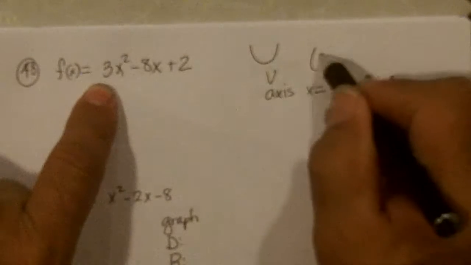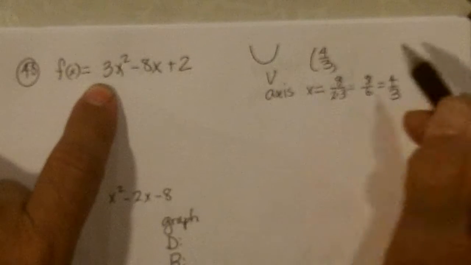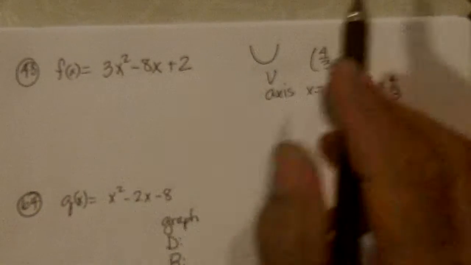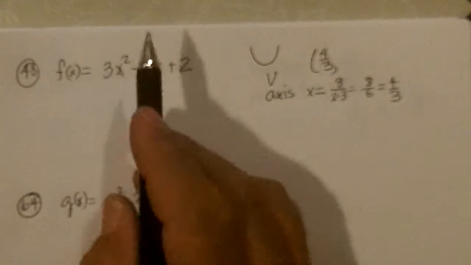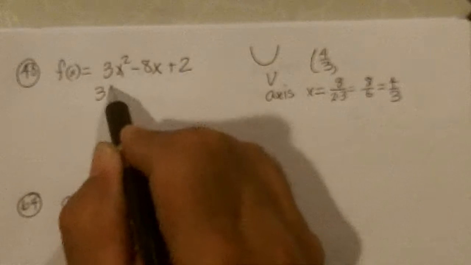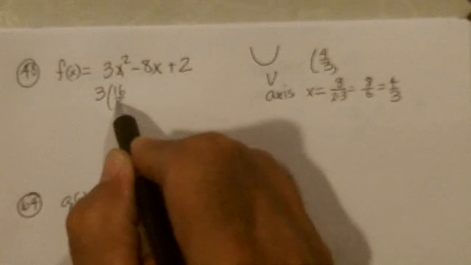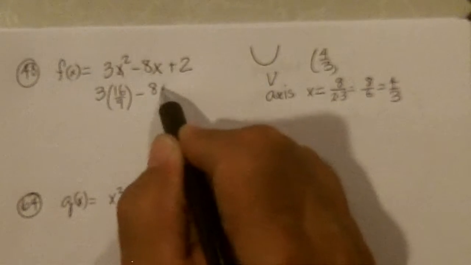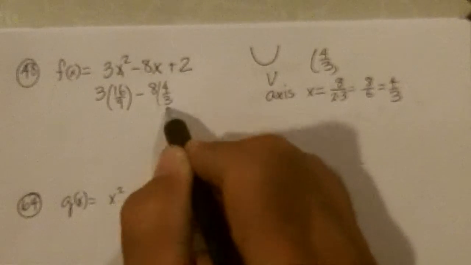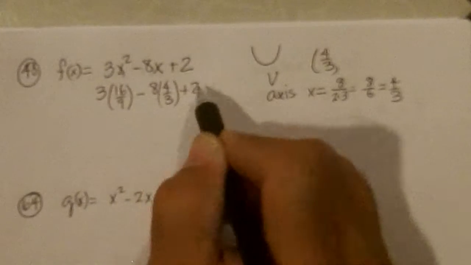So the vertex is at 4 thirds, and then I'd have to put 4 thirds in there. 4 thirds times 4 thirds is 16 ninths times 3, minus 8 times 4 thirds plus 2.